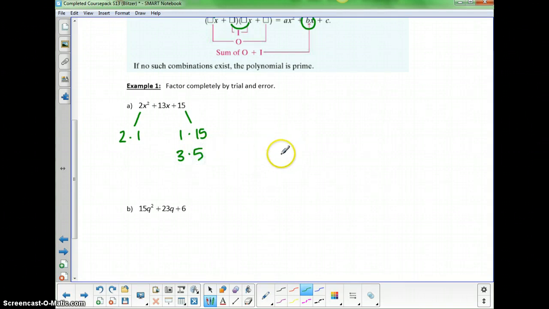Okay, so I've got a couple of different possibilities here. I'm going to do my ordered pairs, and we know that there are two parts of each ordered pair, some number of x and some constant number. By the way, I'm also going to use the fact that this term right here is positive and multiply to a positive, so I know I need two positives. So I'm going to go ahead and fill those pluses in right here to help me out.